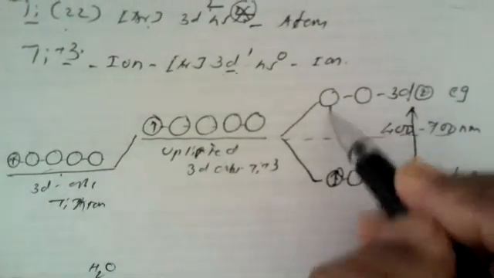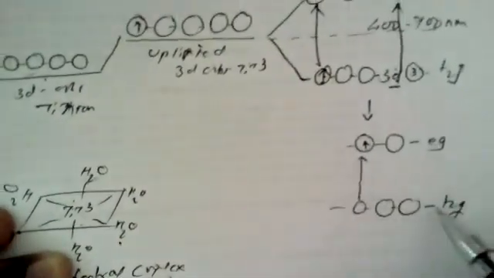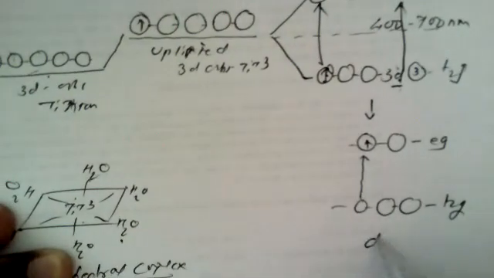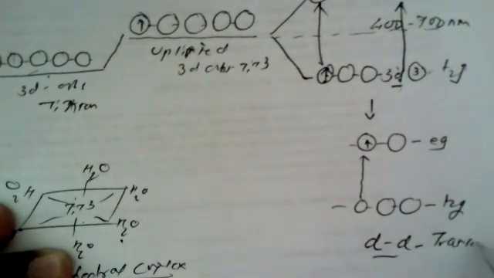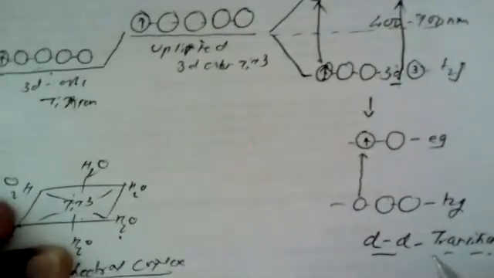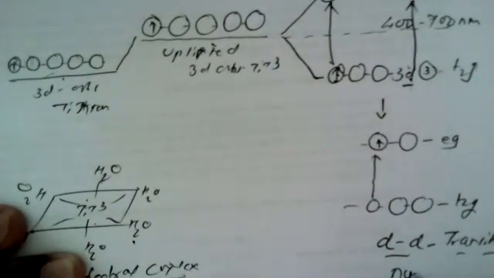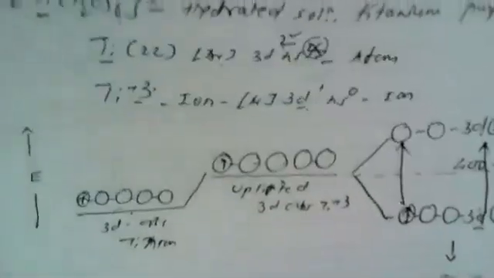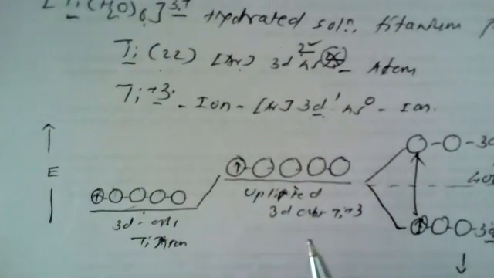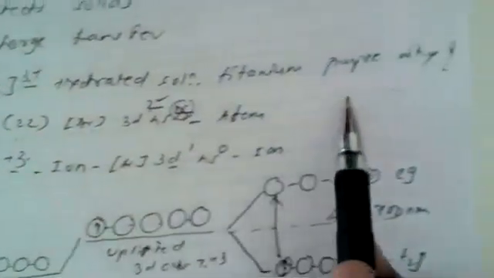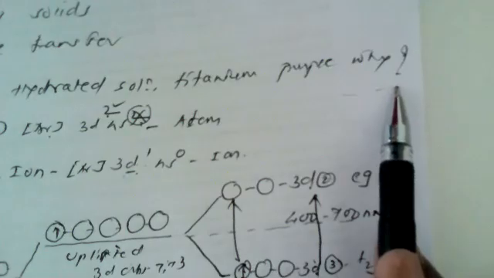So this electron jumps within the energy level. This jumping or promotion of the electron is known as the d-d transition of the electron. Because of the jumping of this electron, the hydrated solution of titanium appears to be colored. So this is how one can explain why the hydrated solution of titanium is purple in color.